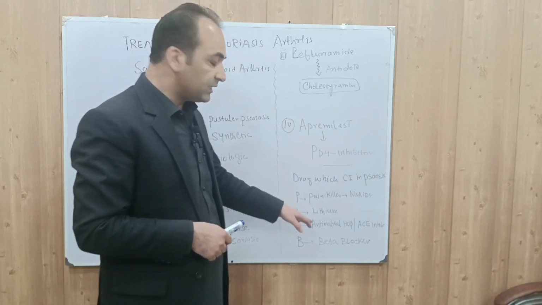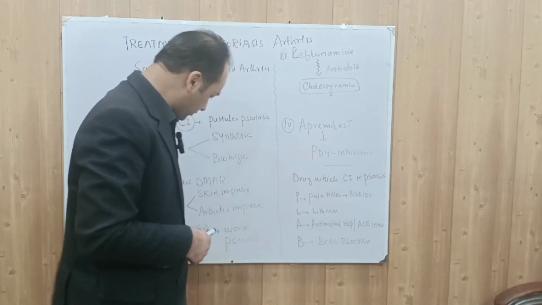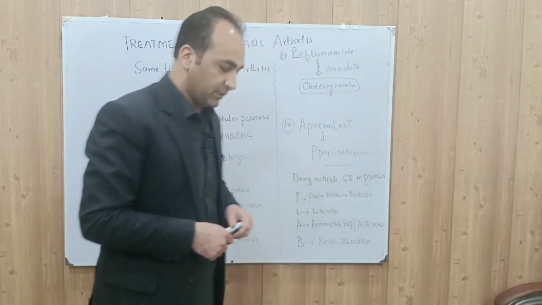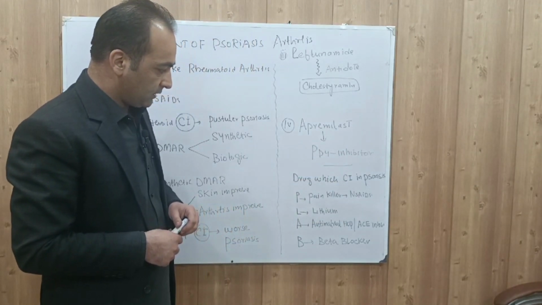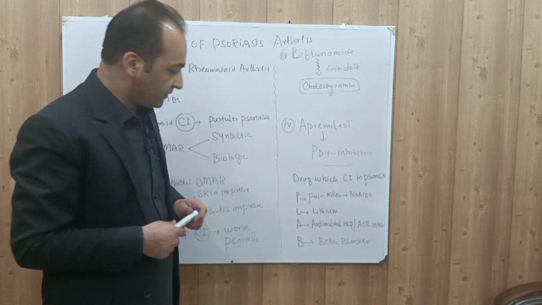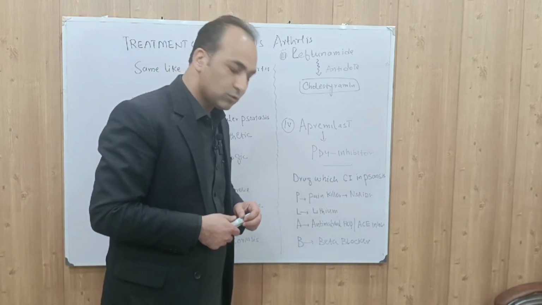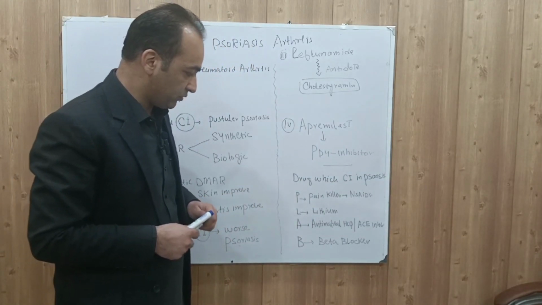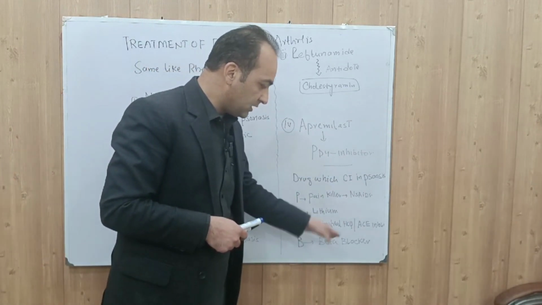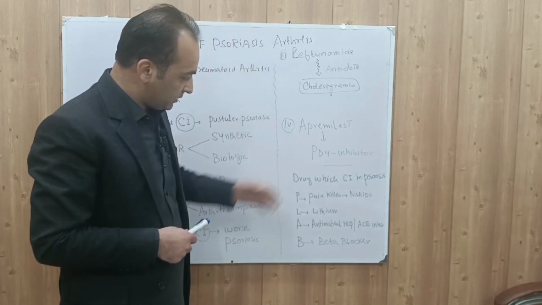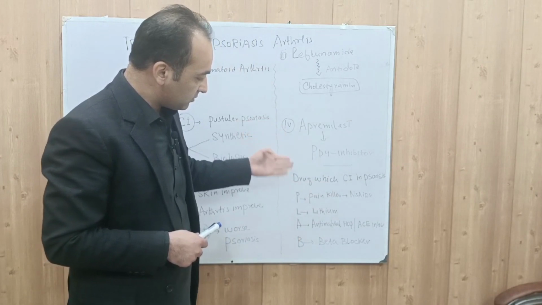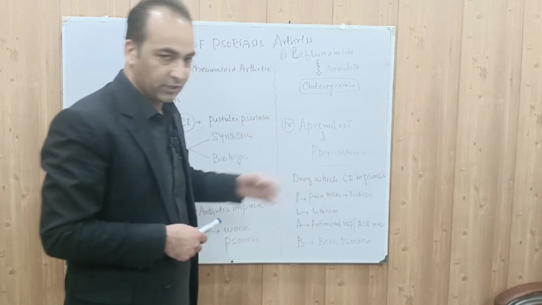A means anti-malarial like hydroxychloroquine. And A means ACE inhibitor. A also stands for the alcohol. Alcohol also worsens the psoriasis, will trigger the psoriasis. And B is for the beta blocker. So these are the drugs which, if given in the psoriasis, will worsen the psoriasis.